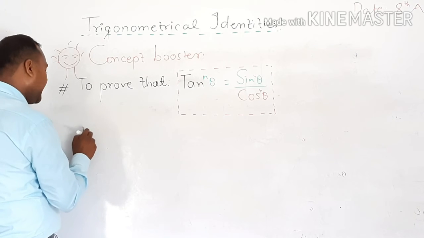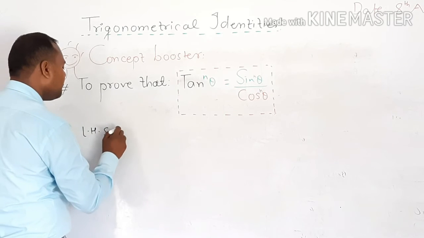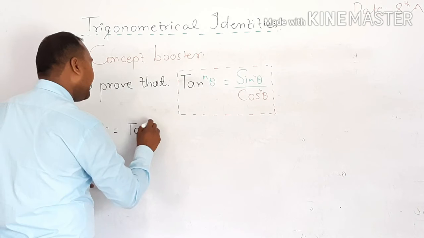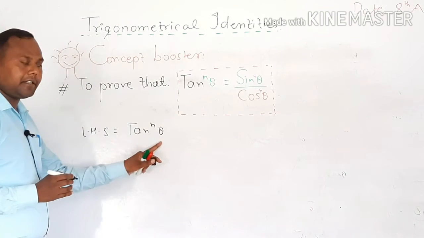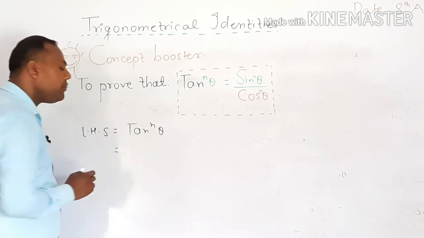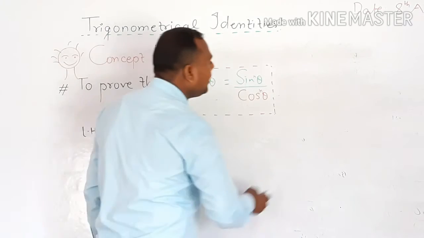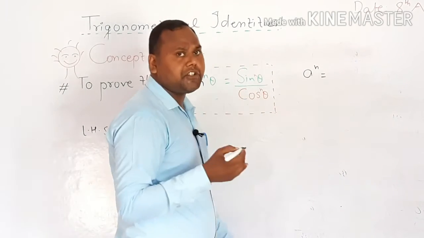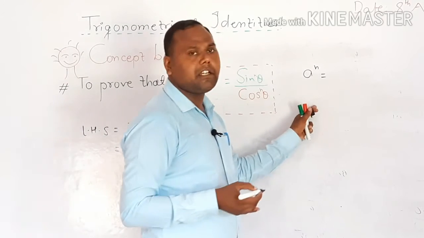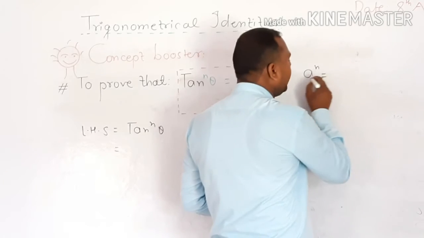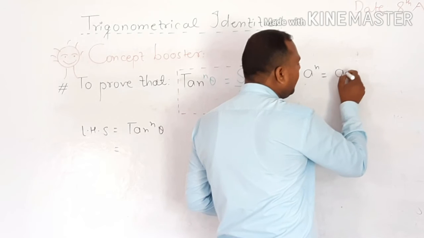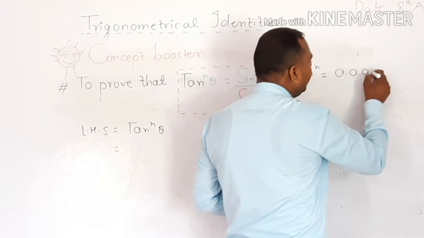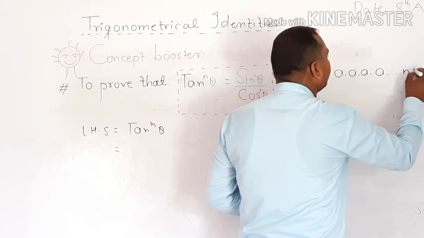Firstly, we take LHS. LHS means tan to the power n of theta. According to the definition of power, if we take a to the power n, what is the meaning of a to the power n? A to the power n means a into a into a into a, n times.